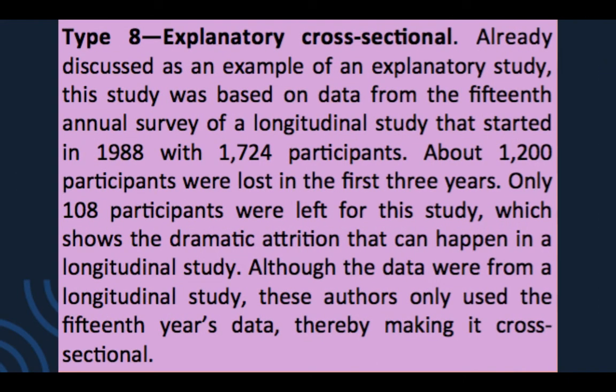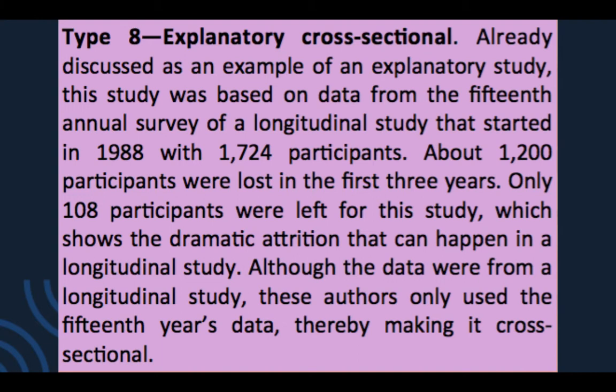And for type 8, the combination of explanatory research and cross-sectional research. We already discussed an example of an explanatory study. This study was based on the data from the 15th annual survey of the longitudinal study that started in 1988 with 1,724 participants.